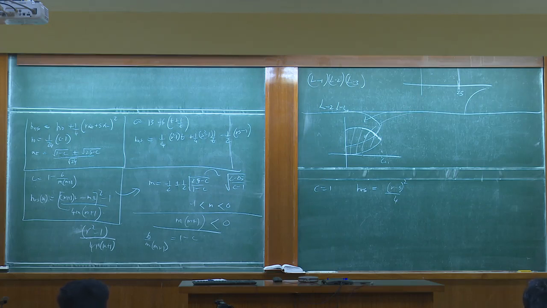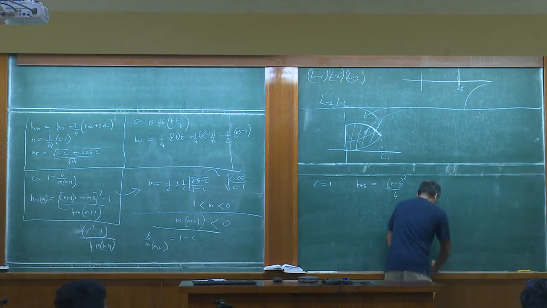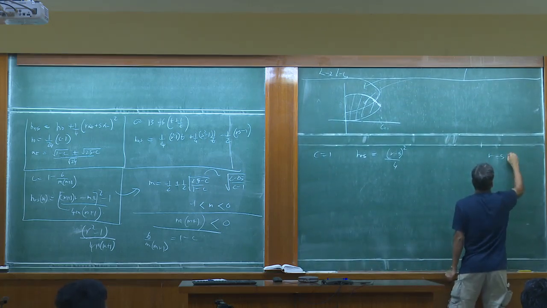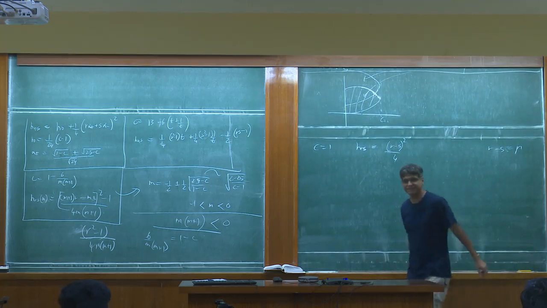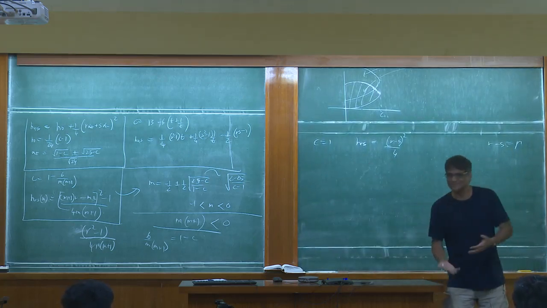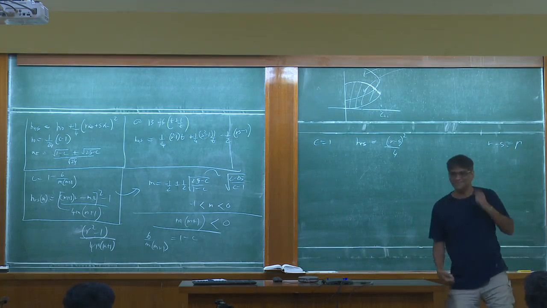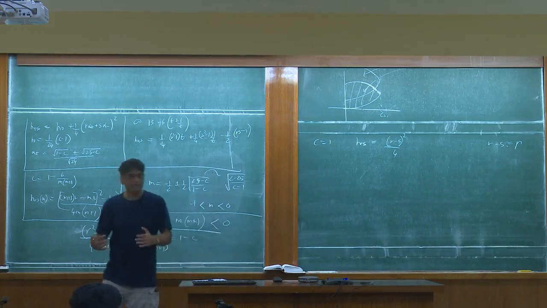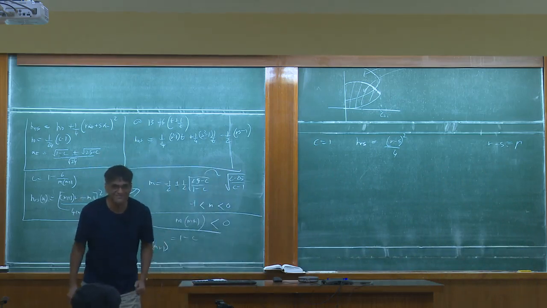Let us suppose we take some value of r minus s equal to p, we fix p, and we look at different values of r and s, all of which have the same difference. There's an infinite number of such points. Of course, to access these different values of r and s, we would have to go to higher and higher values of the level.